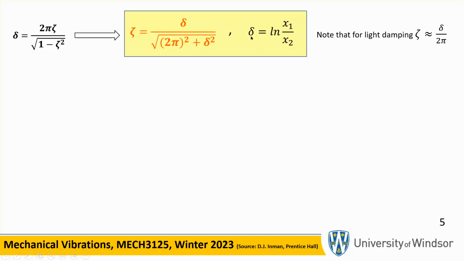So this is very small because we're taking the log of something that's very close to 1, right? And in the denominator, the delta squared in the radical can be dropped in favor of 2 pi squared. Okay? And if you look at it, you get zeta, the damping ratio, equal to delta, the logarithmic decrement that you can read off a graph, divided by 2 pi. This is for light damping. Otherwise, you have to use this expression over there.